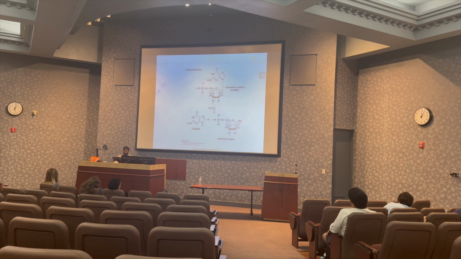Depurination means removal of purine. Imagine you have a purine, a sugar, and a phosphate, and you remove the purine. You will have the sugar with phosphate, and this process is called depurination. Simple, just the names.